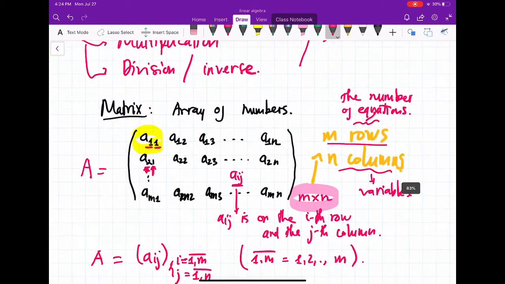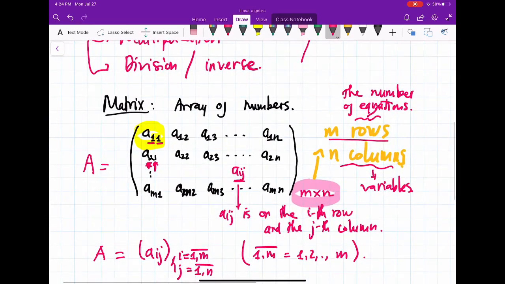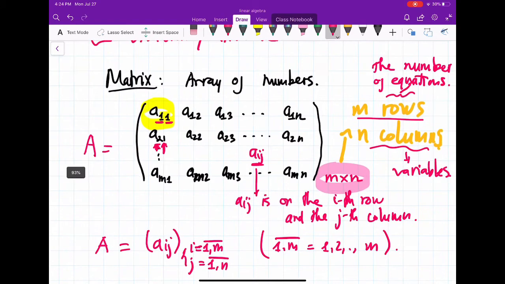So you see, we might talk about that, and then we might talk about equality of matrices. Of course, if you look at matrices as arrays of numbers, when you are talking about equality of two matrices, they should be of the same size.